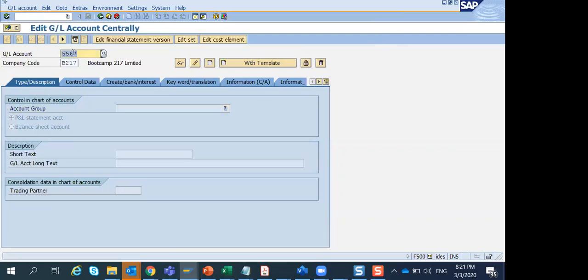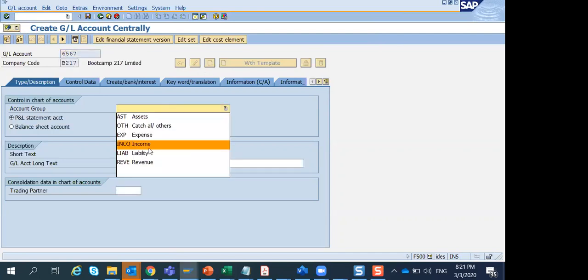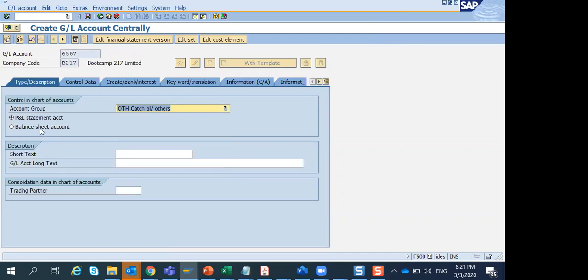FS00. I'll say 6567, and come here. I call it other. Let's call it balance sheet and call it zero balance clearing.